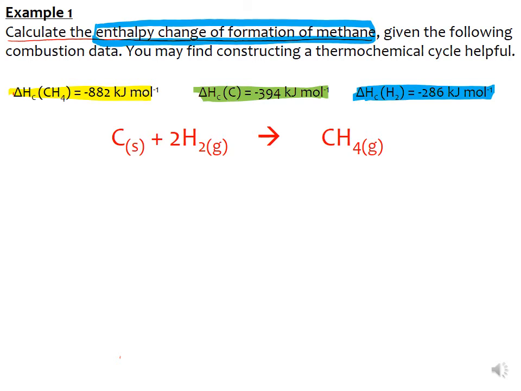Enthalpy change of formation, remember, is the enthalpy change when 1 mole of a substance is formed from its elements in their standard states at standard conditions. Methane is CH4, so 1 mole of solid carbon would react with 2 moles of gaseous hydrogen, H2, to form the methane. So that is delta HF, and I'm going to label it as such.